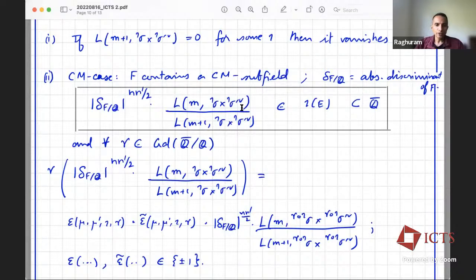So if I hit this quantity by an element gamma in the Galois group of Q bar over Q, then gamma on this quantity is this quantity for the gamma conjugated objects, except up to a signature, and this signature drove me absolutely crazy for the last 2 years. I'm just going to call this epsilon and epsilon tilde. There are two signatures, one coming from a representation and another somehow coming from the dual side.